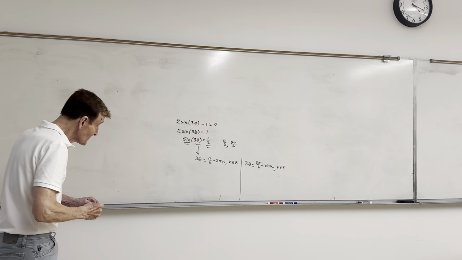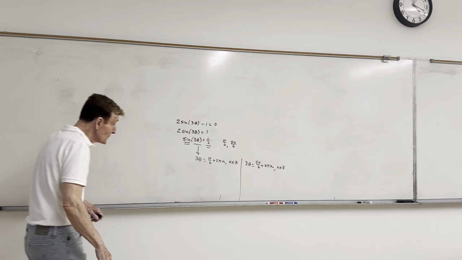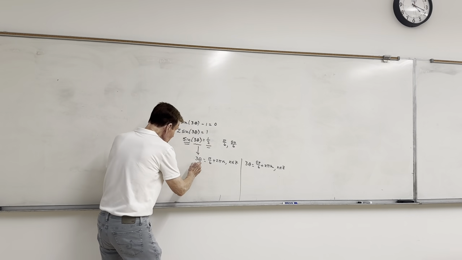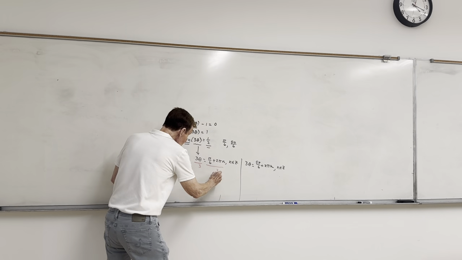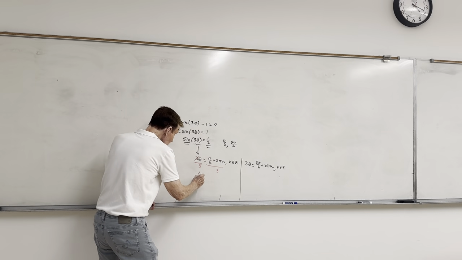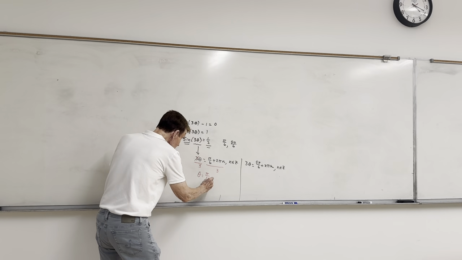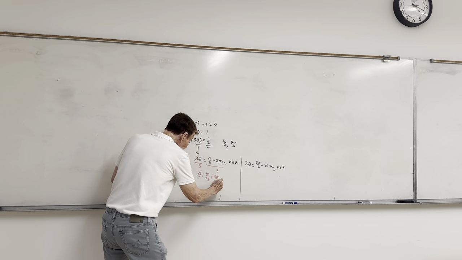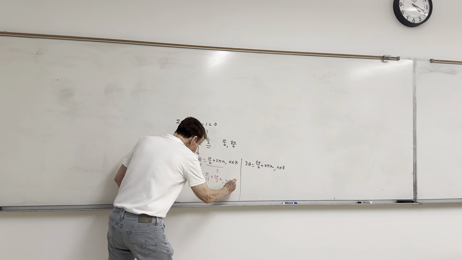Now, does that make sense, guys, the way we approach it? Now, to finish this up, I'm gonna go back and divide by 3. Now, this is gonna be interesting. It's going to give me theta is equal to pi over 18 of all things, plus 2 pi over 3 n, where n is an element of the integers.